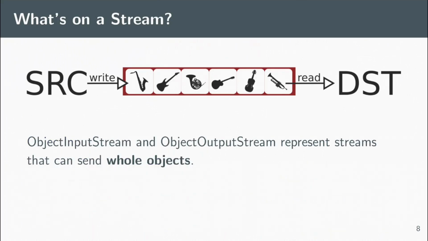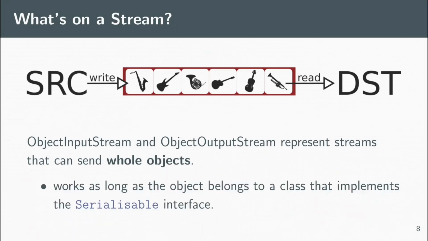Even higher level streams are possible and supported via the standard library. Just as data streams support input-output of primitive data types, object streams support I/O of whole objects. For this to work, Java needs to know how to flatten your object into a streamable piece of data.